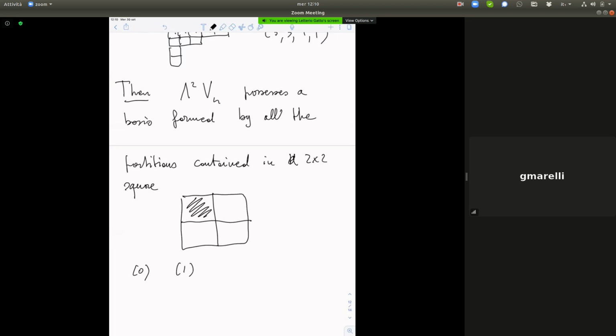But there is also the partition 2. Maybe I write the diagram downstairs. This is nothing. This is the partition.